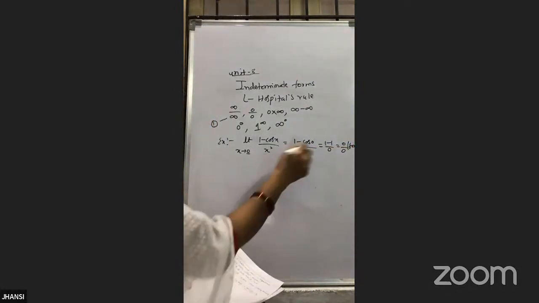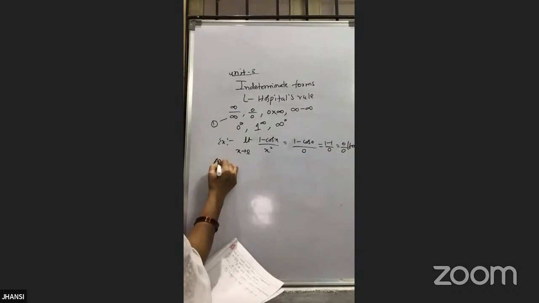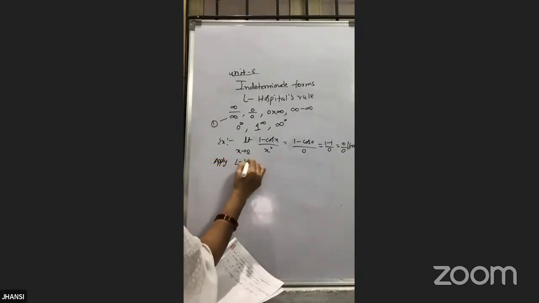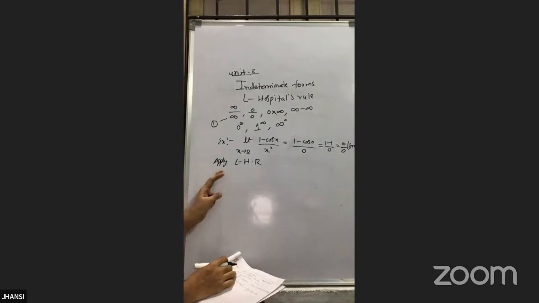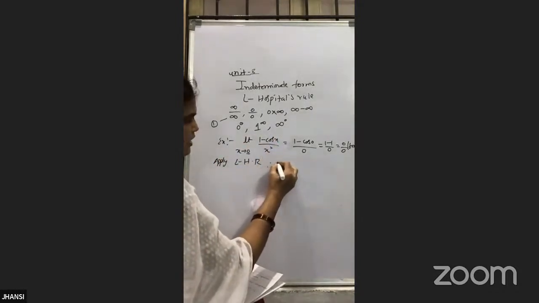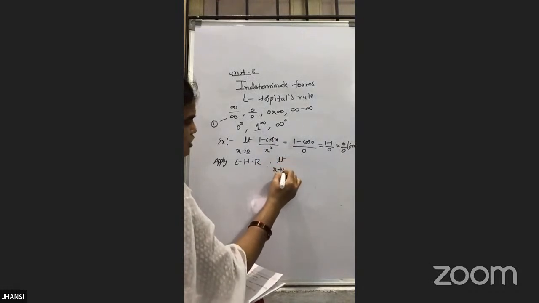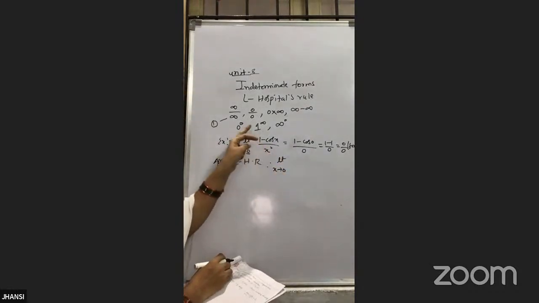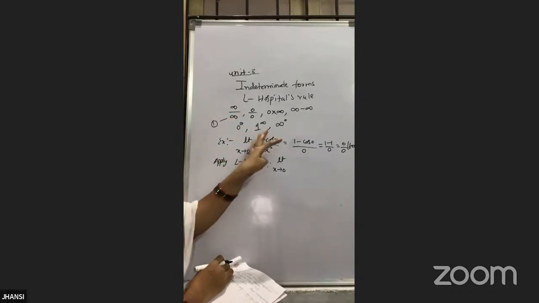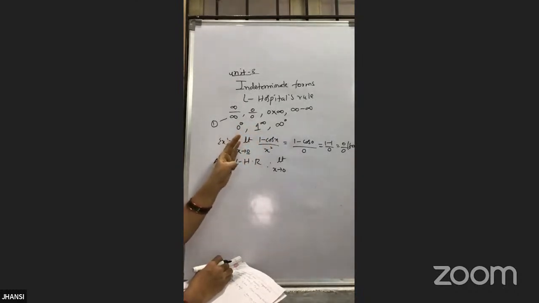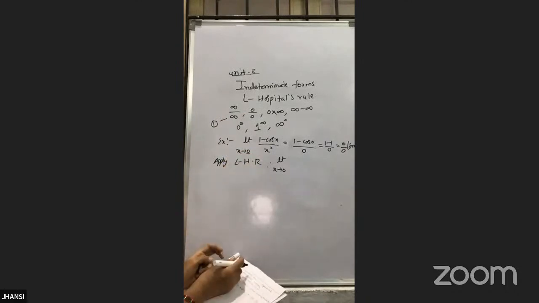The next step is to apply L'Hospital rule. When you apply it, limit x tends to 0, you do the differentiation separately for the numerator and separately for the denominator. Don't think of it as the u by v rule of differentiation.